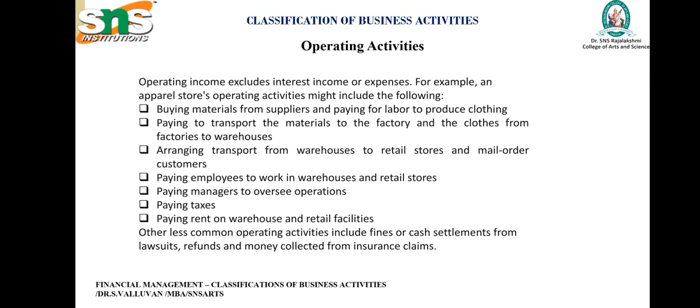For example, an apparel store's operating activities may include the following transactions: buying material from suppliers and paying for labor to produce clothing, paying to transport the materials to the factory and the clothes from factories to warehouses, arranging transport from warehouses to retail stores and mail order customers, paying employees to work in warehouses and retail stores, paying managers to oversee operations, paying taxes, and paying rent on warehouse and retail facilities.